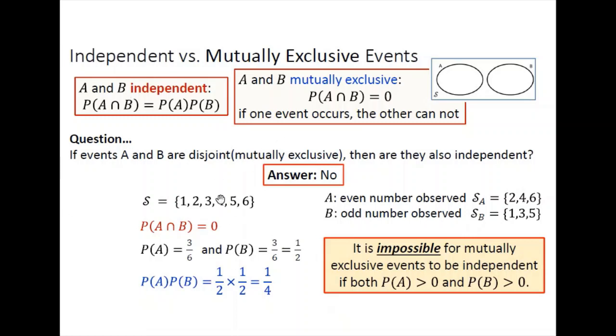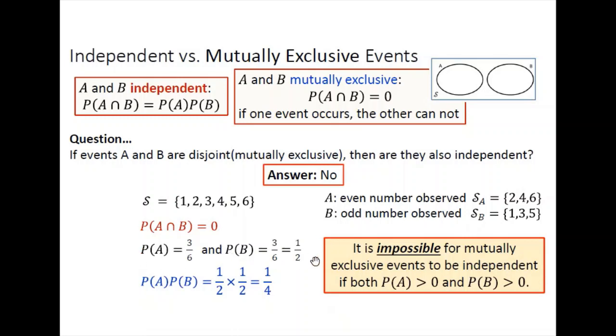So look at this example. In experiments of rolling a dice, A is the even numbers, B is the odd numbers. They are mutually exclusive, so A intersection B is empty or null, and the probability of empty events, according to proposition 1, is 0.